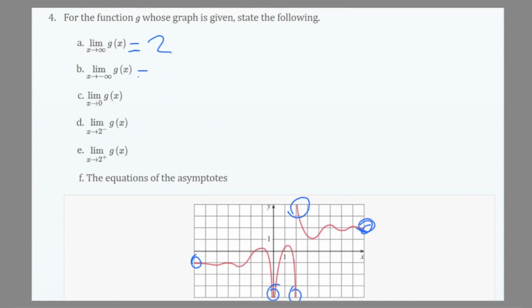And then for b, as limit as x goes to negative infinity, this is a y value of -1. And then c, as limit x goes to 0, g of x reaches negative infinity, as we can see.